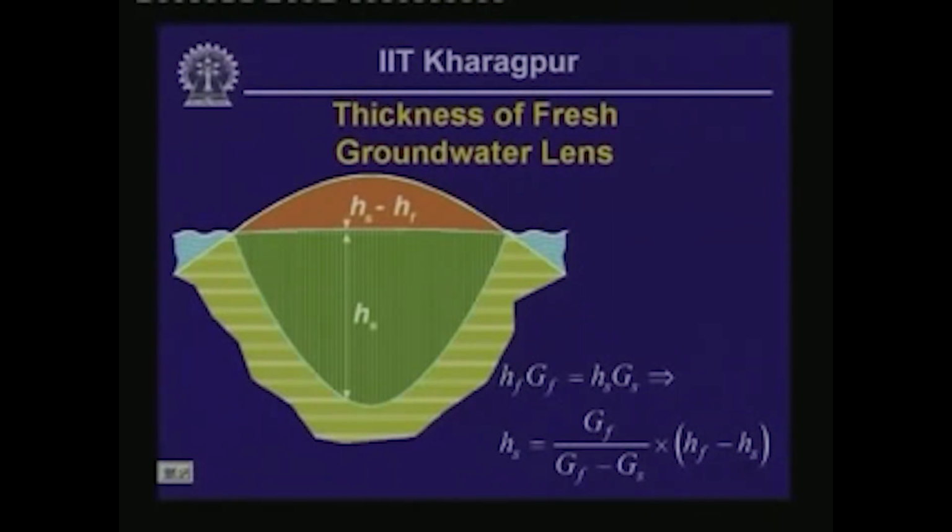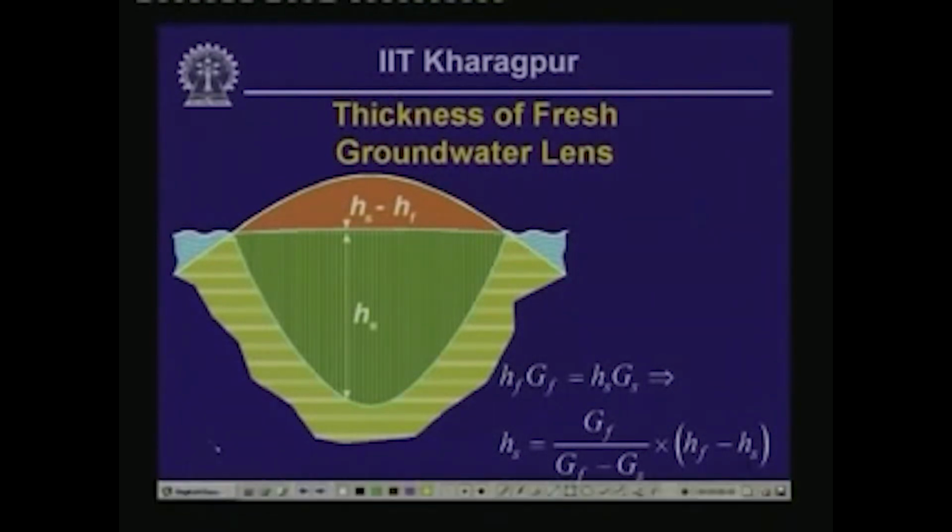Now let's consider an area which is surrounded by salt water. So here what we have is, this one is the salt water, and this is the sea level. Similarly, you have got the sea on the other side of this particular sketch as well.